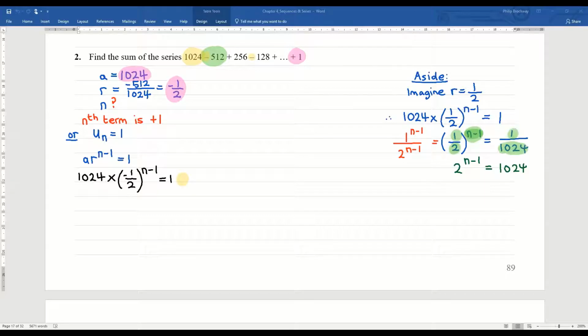Now, you may know the answer straight away. You may know your powers of 2 really well. If you don't, you can use BAP from the log work that you did last year. So we have the base, which is 2. We have the power, which is n subtract 1, and we have the answer on the right-hand side. Now, to write it as a logarithm, you simply write it in the order of BAP.